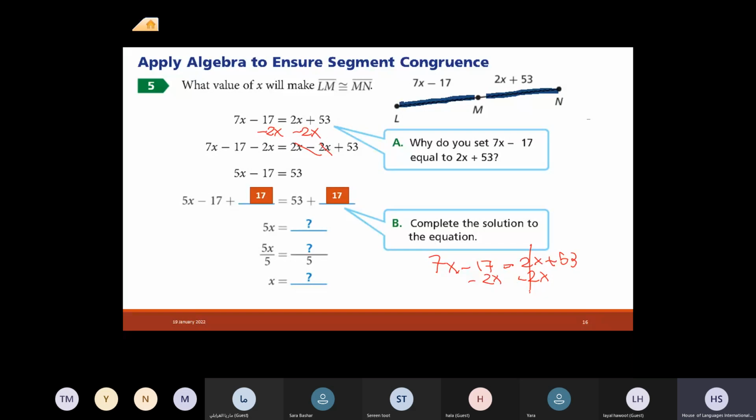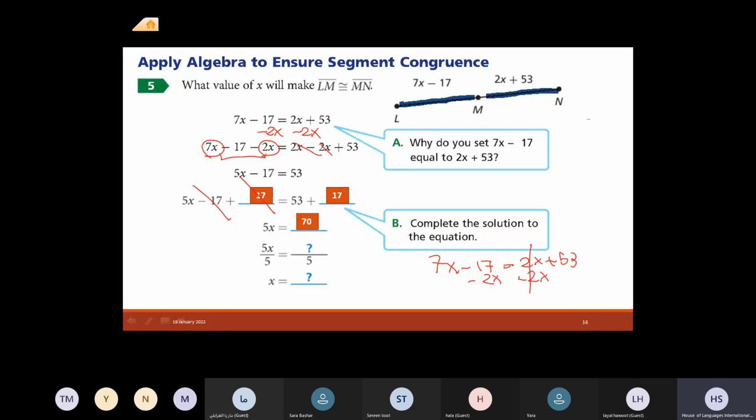So negative 17 plus positive 17 is cancelled. 53 plus 17 equals what? 70. Good job. Then what is the next step? 7x minus 2x equals what? 5x minus 17 equals 53.